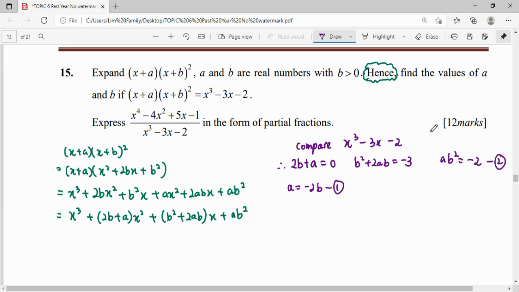When we want to solve for two unknowns, two simultaneous equations are already enough, so it is not necessary to use three equations here. We start solving by substituting equation 1 into 2, where a equals negative 2b.